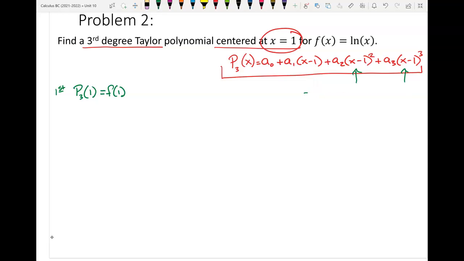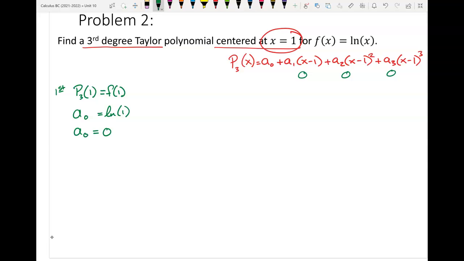So all I would be left with, if this is 0, that's 0, and that's 0, is a sub 0. And then if I plug in the function, that would be natural log of 1. So a sub 0 is equal to, well, 0. Okay.